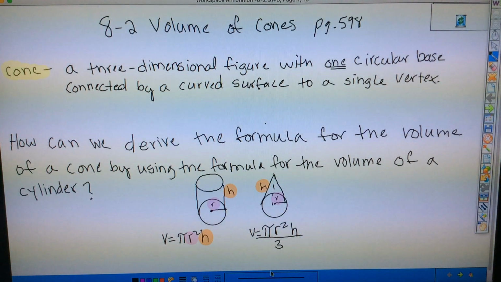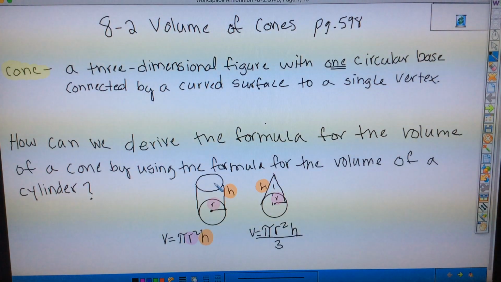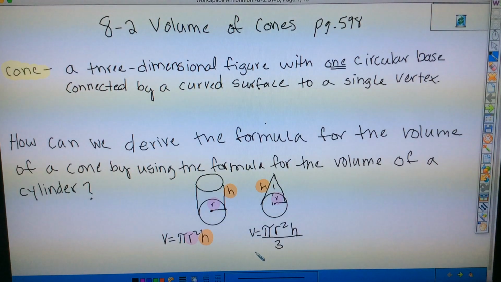It stands to reason. 3 cones with same height and radius fit into one cylinder with same height and radius. So you can take that same formula and just divide it by 3. So it's kind of nice. You don't really have to learn any new structure here. It's just one slight modification.